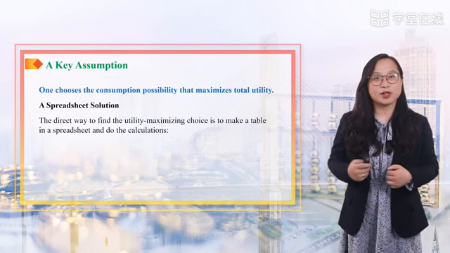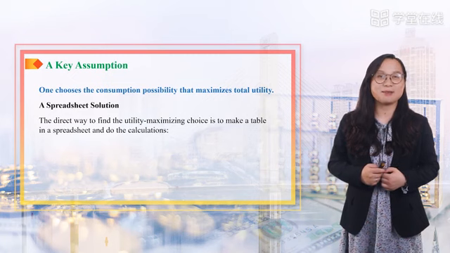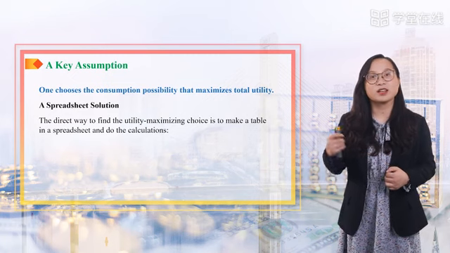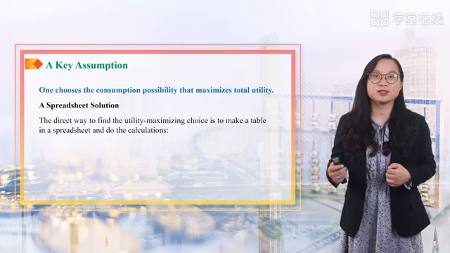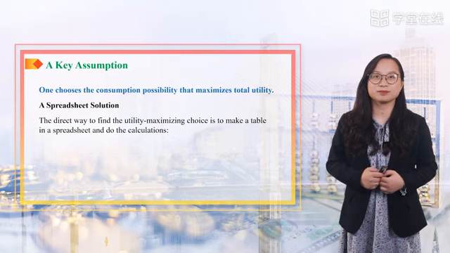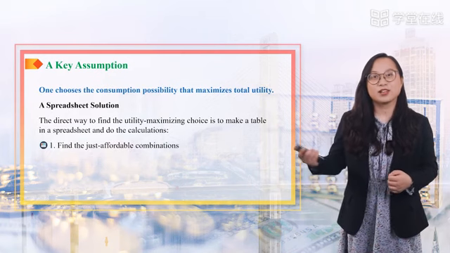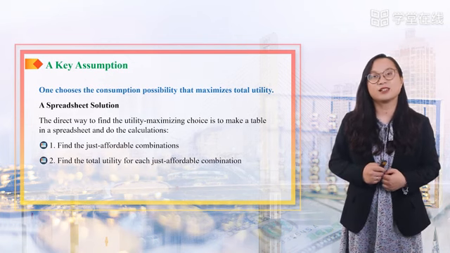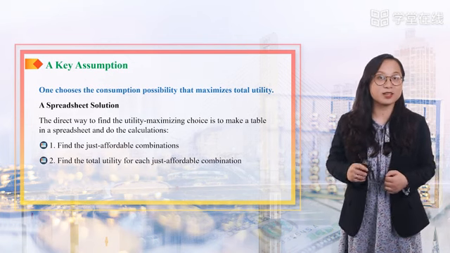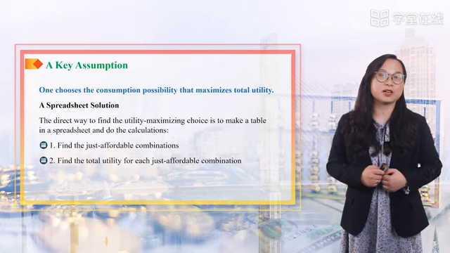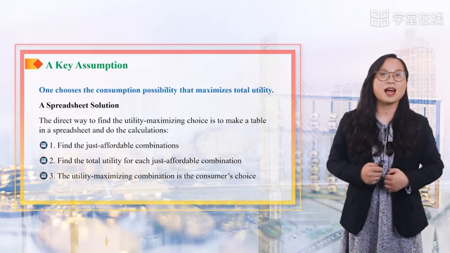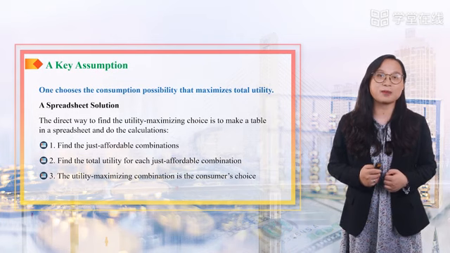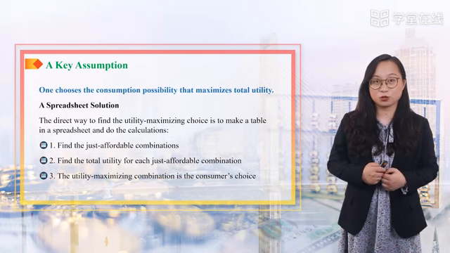It is a direct way to find the utility maximizing choice: making a table in a spreadsheet and doing the calculations. First is to find the just affordable combinations. Second is to find the total utility for each just affordable combination. At last, the utility maximizing combination is then the consumer's choice.